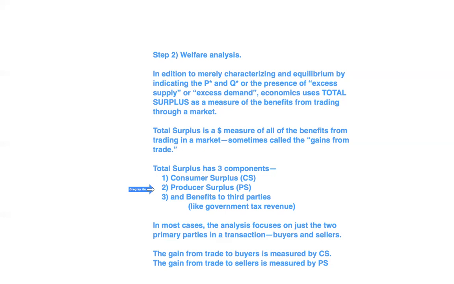I just want to say one other thing really quickly, which is, don't confuse these dollar measures of surplus, or benefits to consumers and producers, with the idea of surplus when we're talking about a price floor and overproduction.